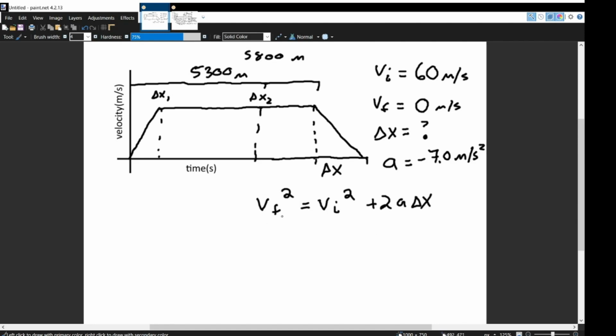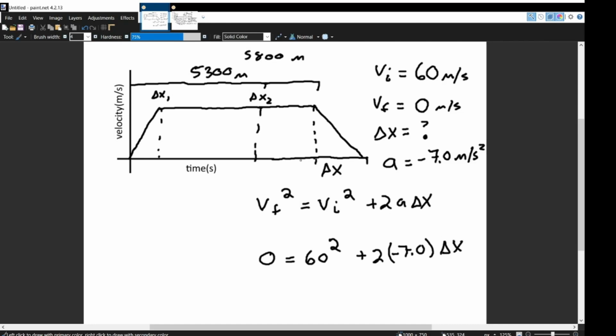Our velocity final is 0. Our velocity initial is 60 meters per second, and we're going to square that, plus 2 times our acceleration, which is -7.0 meters per second squared, and then we can figure out our change in X.